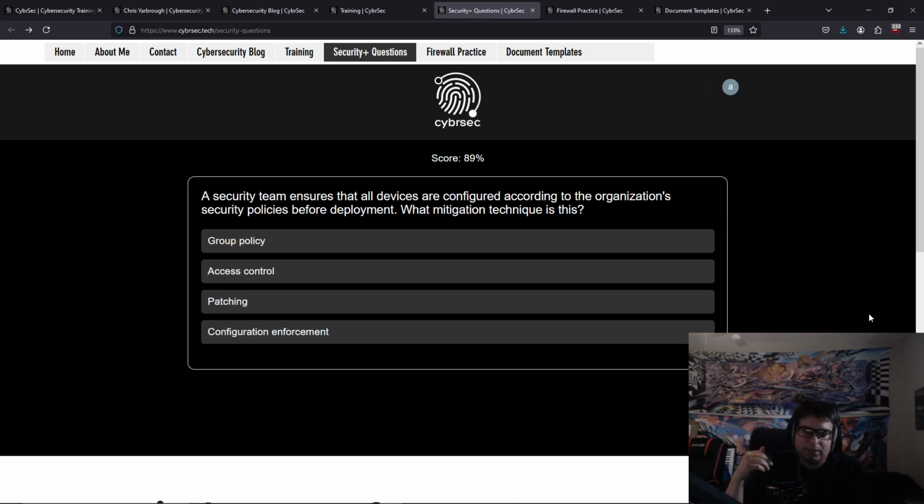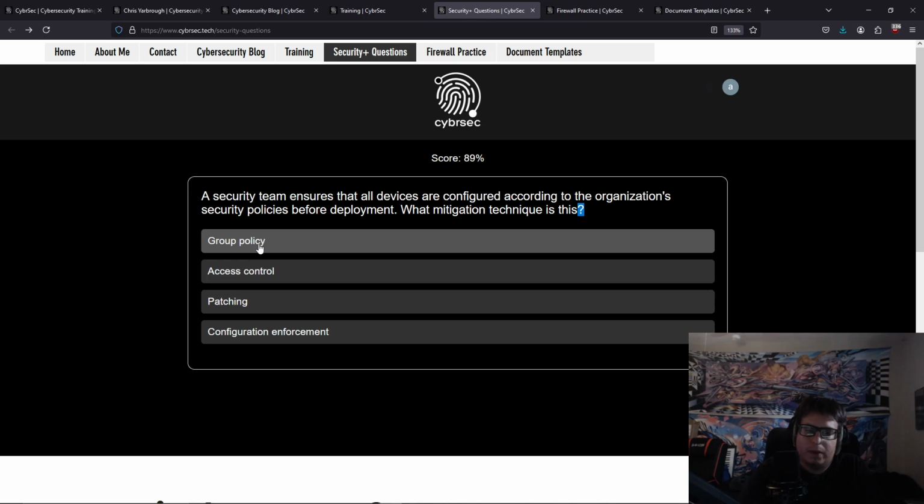A security team ensures that all devices are configured according to the organization's security policies before deployment. What mitigation technique is this? All devices are configured according to the policies.